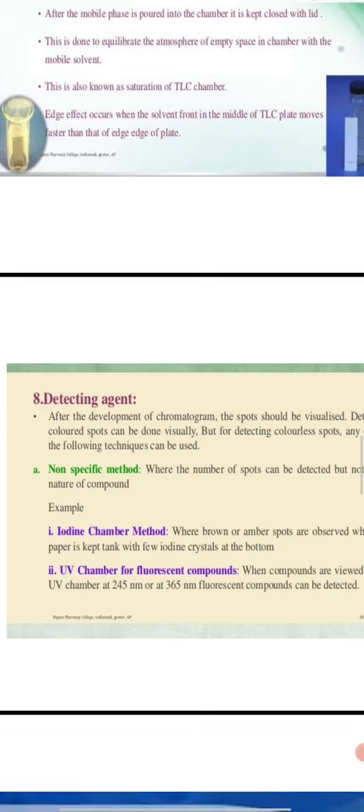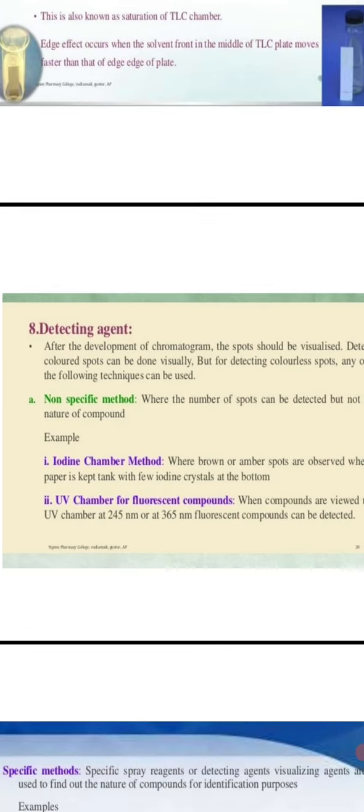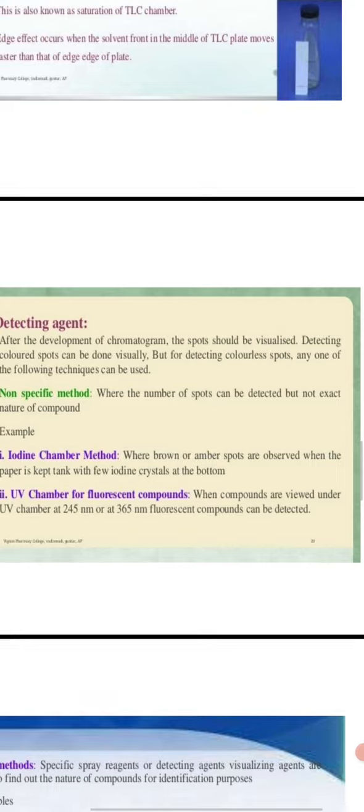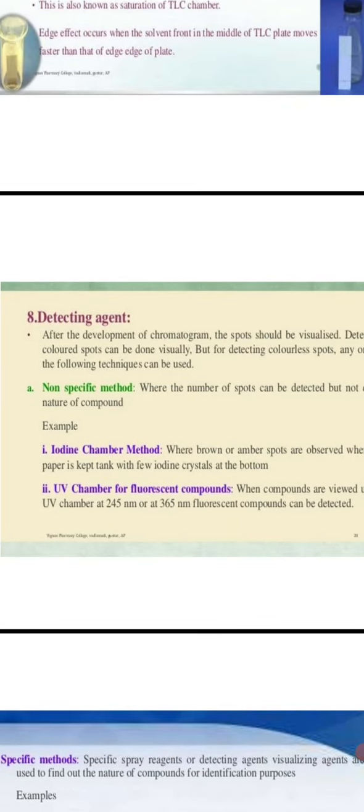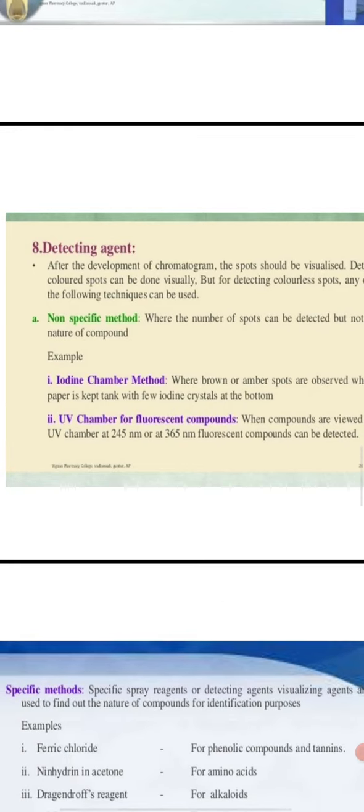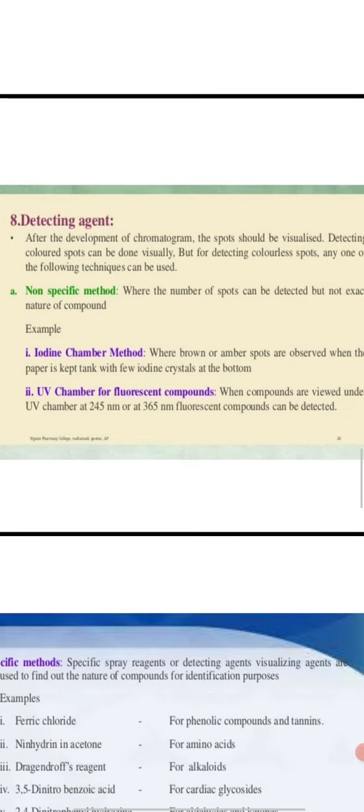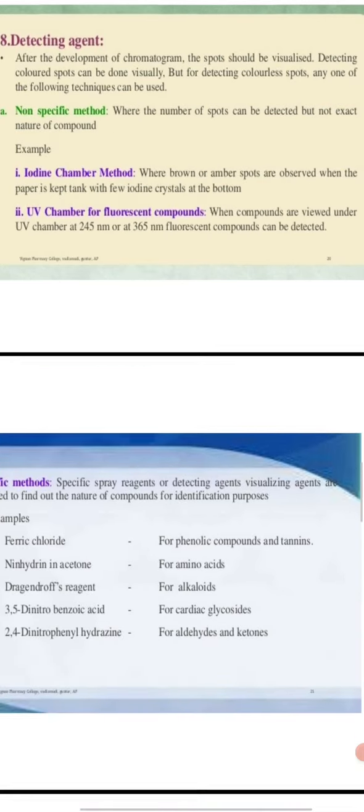For example, the iodine chamber method, in which brown or amber spots are observed when the plate is kept in a tank with a few iodine crystals at the bottom. Second one is the UV chamber for fluorescent compounds. When the compounds are viewed under the UV chamber at 254 nanometer or 365 nanometer, fluorescent compounds can be detected.